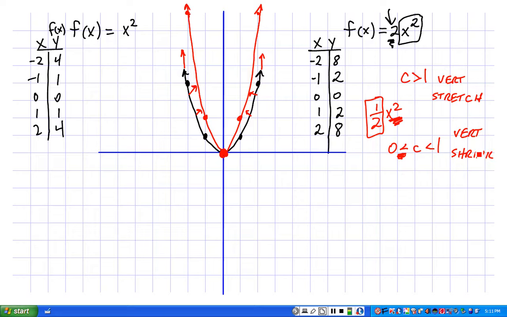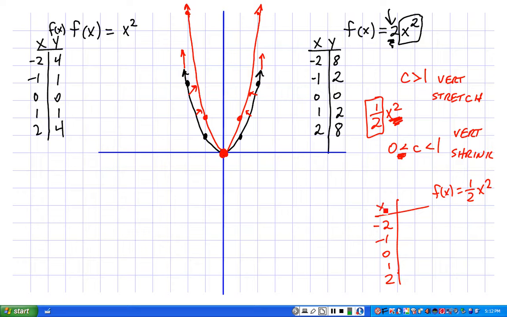And in that case, what would happen is, okay, let's say we had the same points. Alright, -2, -1, 0, 1, 2. Alright, and we're saying now f of x equals 1/2 x squared.